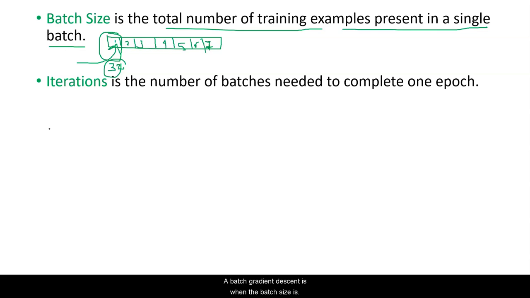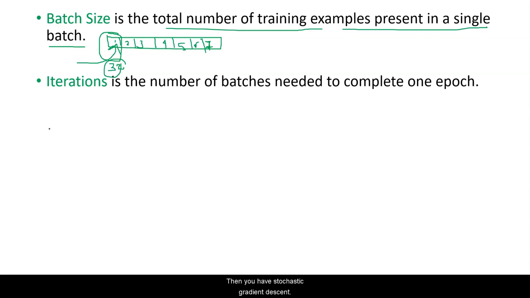So a batch gradient descent is when the batch size is set to the total number of examples in the training data set.